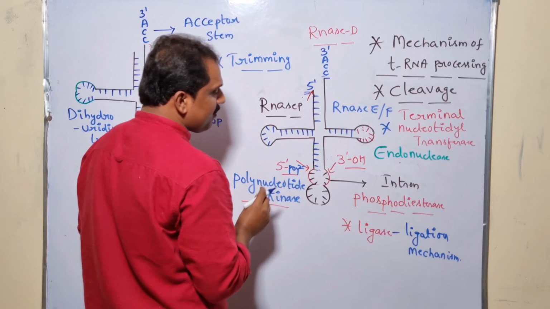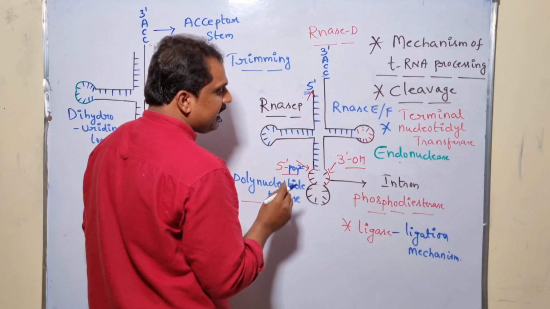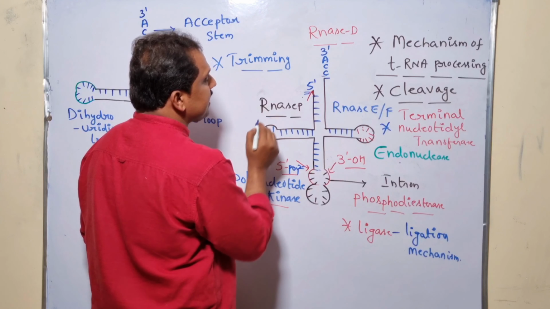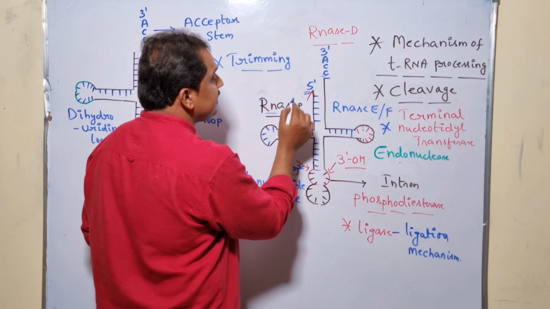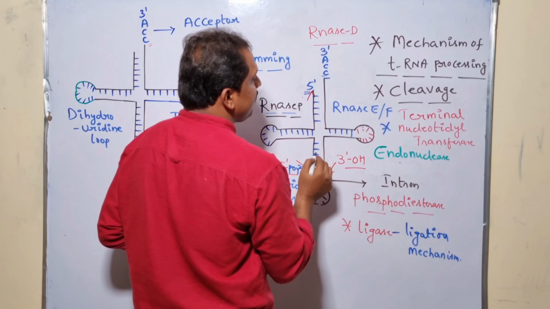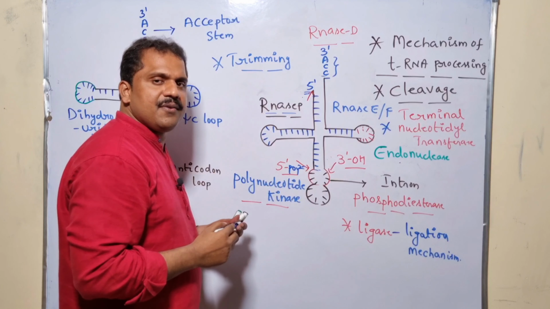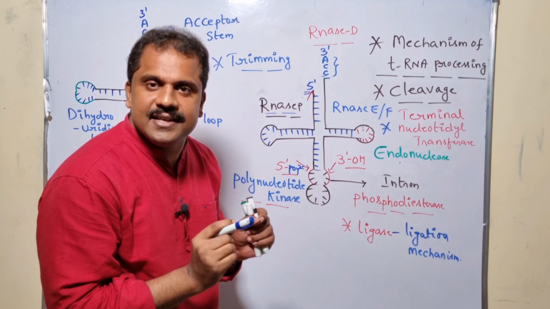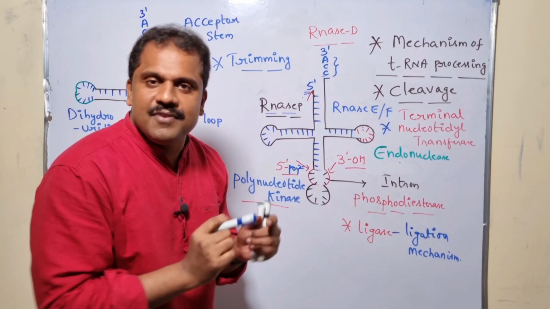So once the non-coding sequences or the introns are successfully spliced out by taking advantage of certain endonucleases, once the extra nucleotides are successfully cleaved out by taking advantage of certain endonucleases and exonucleases, and once the trinucleotide sequence is successfully recruited at the extreme 3' end of the tRNA, under such condition the particular tRNA remains in mature conformation.